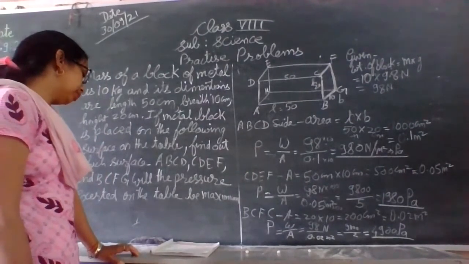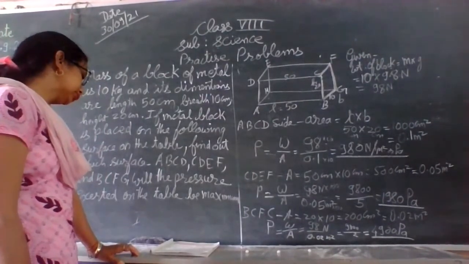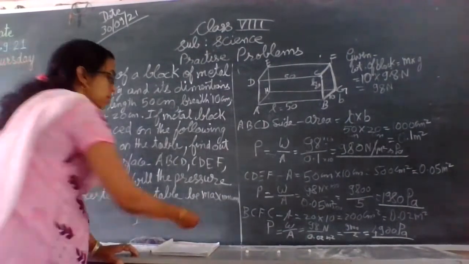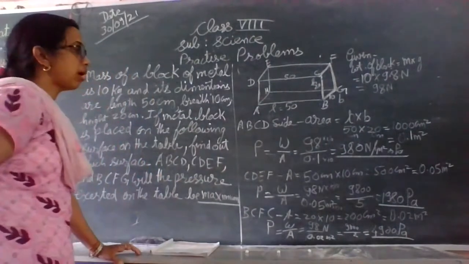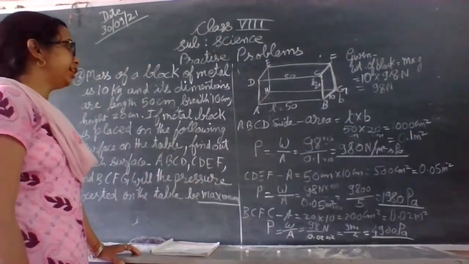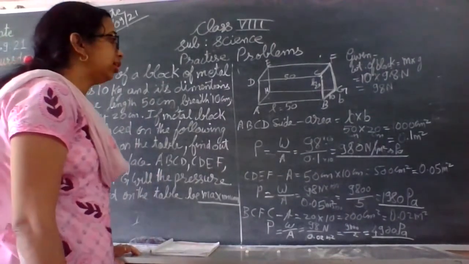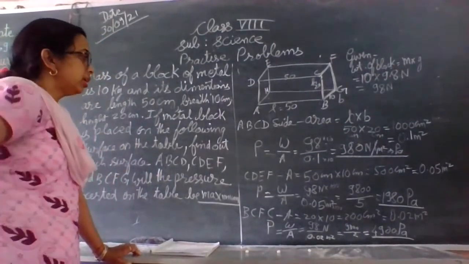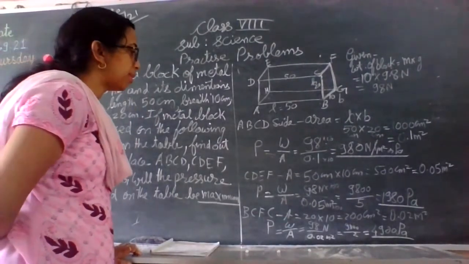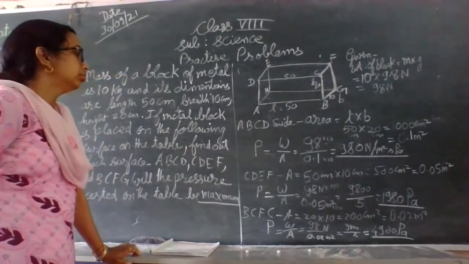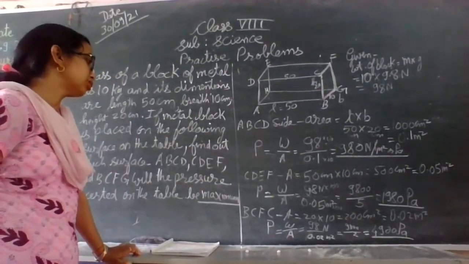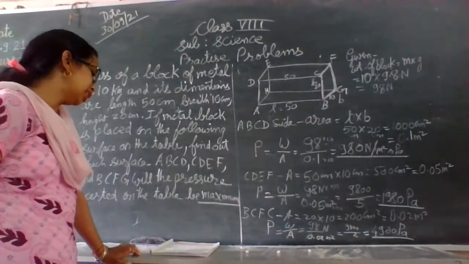So you got the pressure of all the three sides of the block, and it's time to decide which side will exert maximum pressure on the table. From these values you can understand ABCD is applying 980 Pascal pressure. CDEF is applying 1980 Pascal and the side BCFG is applying 4,900 Pascal.